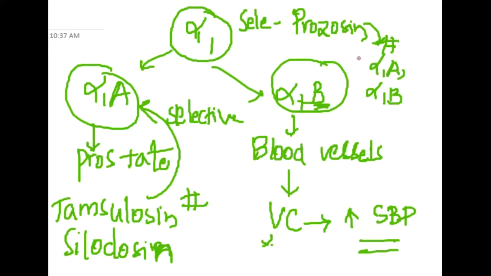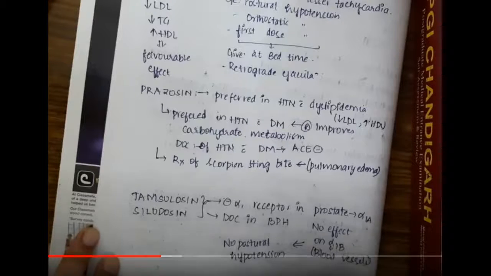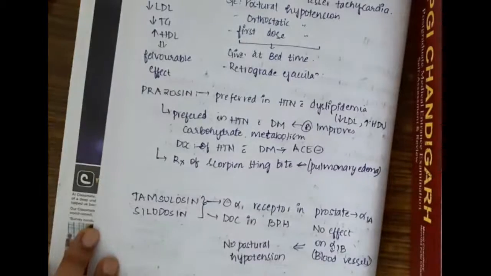That means there will be vasodilatation, and thus it gives the side effect of postural hypotension. With tamsulosin and silodosin, this side effect of postural hypotension is not present. That is an important thing.